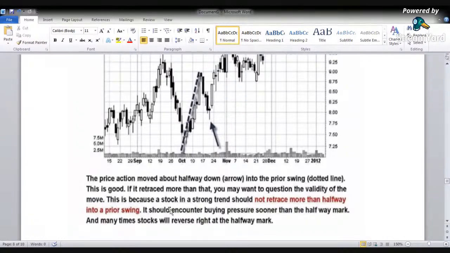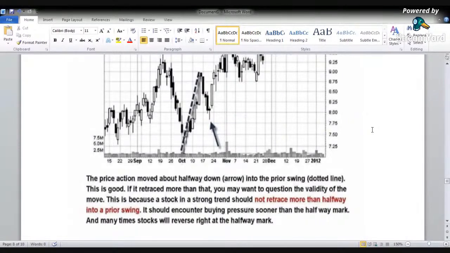So this is because a stock in a strong trend should not retrace more than halfway into a prior swing. So take note of this. A stock in a strong trend should not retrace more than halfway into the prior swing. So kung makikita ninyo doon sa chart na nag-retrace siya ng more than half, so it is not valid.